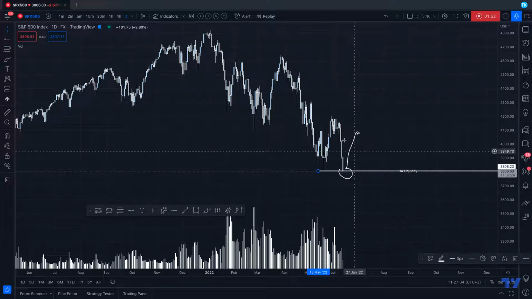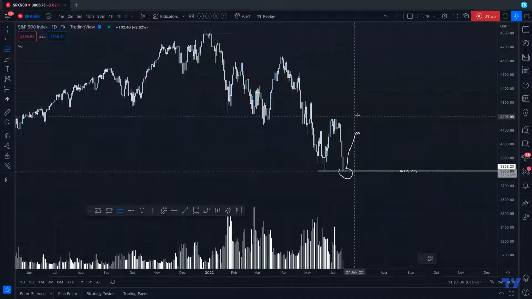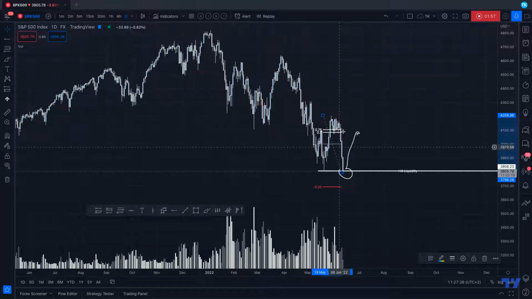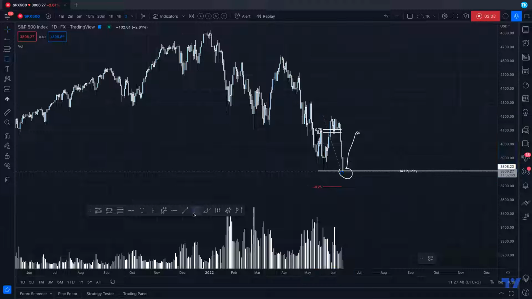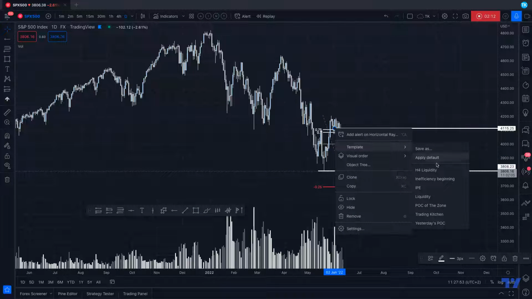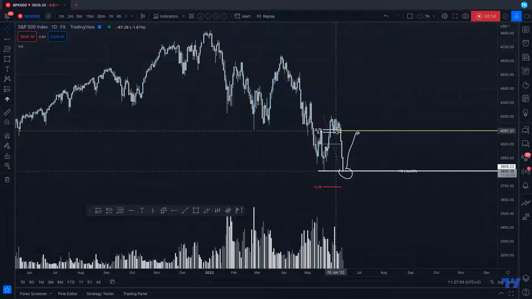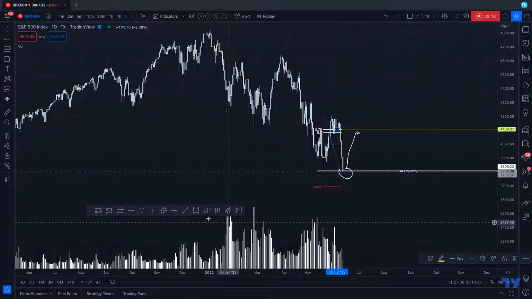And maybe a retracement to more or less around 70-75 of this last swing, okay, and here we have an inefficiency from this level.